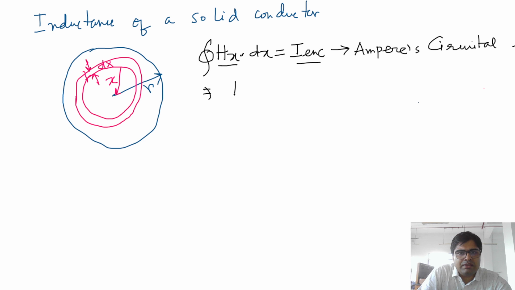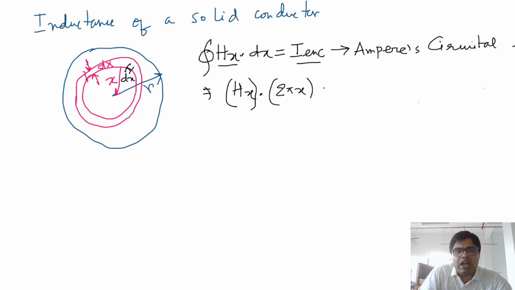Now, if we consider this is the shell and this is a small length dl, if we integrate over this line, we get Hx into 2 pi x. So that is the integration of H dl.